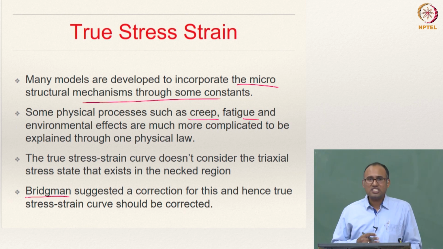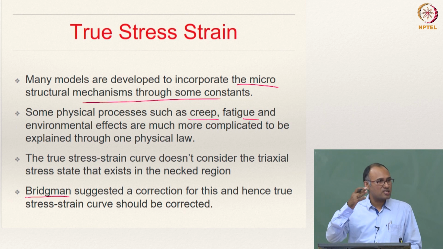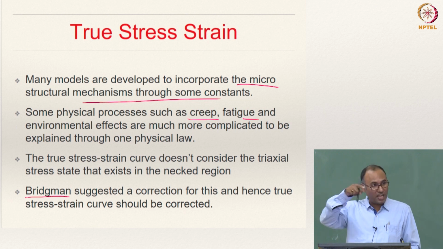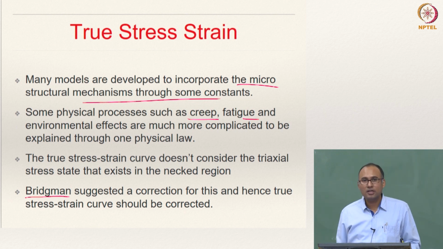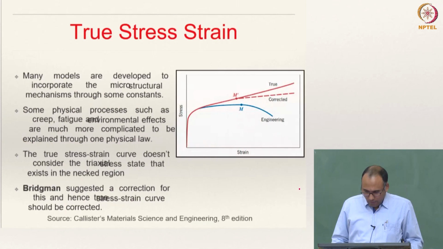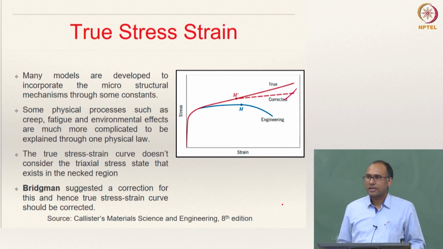Hence the true stress strain curve, the way it is drawn as the solid red line, is not entirely true. You need to account for a correction suggested by Bridgman, and hence the dashed line came in. The dashed one is the corrected stress strain curve.